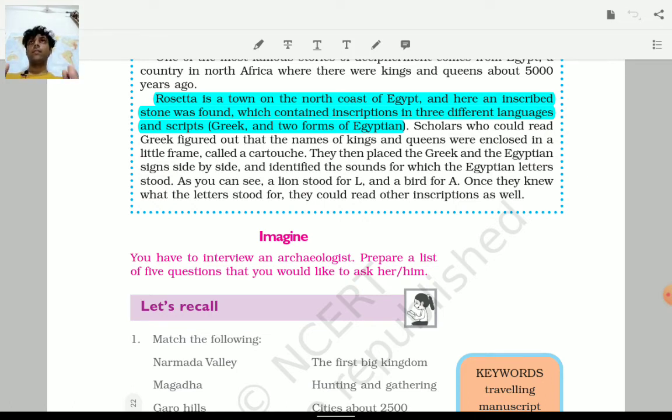Sometimes, as a fact, not in UPSC but in UPPCS or other PCS exams, questions on the Rosetta inscription could be asked. So it is important to understand what scripts have been used: Greek and two forms of local dialects of the Egyptian language. So a total of three scripts have been used. This is the only point which is important.